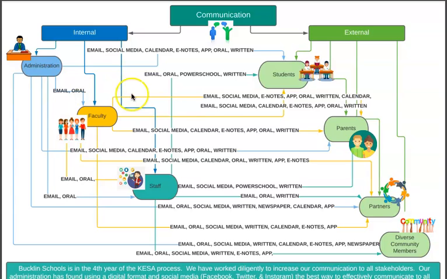This is something that we have tried to definitely do through the KISA process because relationships is one of our R's, rigor is the other. And so that's what we have very much tried to do, is communicate what we're doing here as often as we can and be as transparent as we can with parents and students and our other stakeholders in the community.